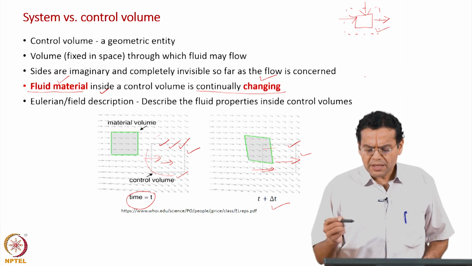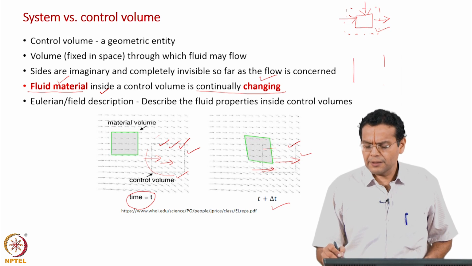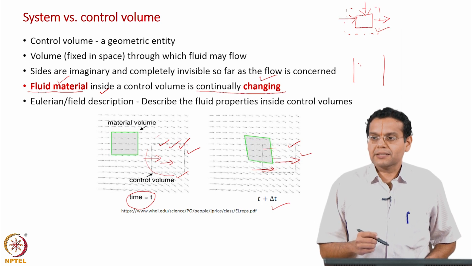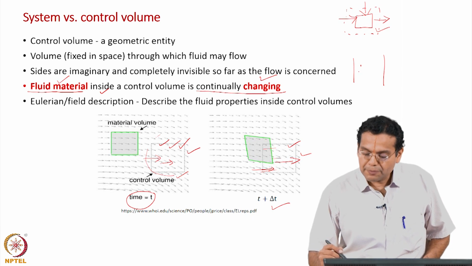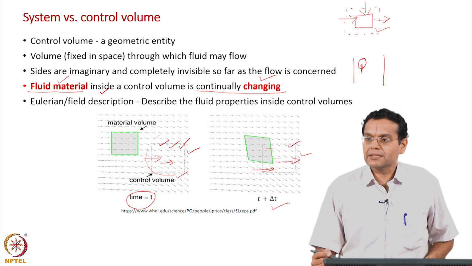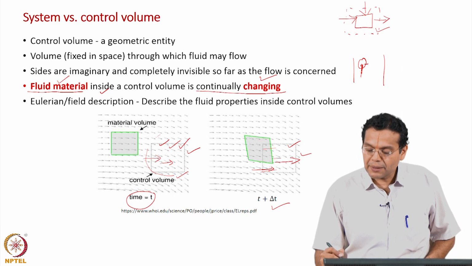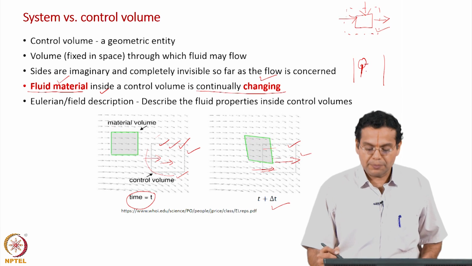Just want to recall, remember we had a chimney example. What did I say? I put a sensor here and measure the temperature there, and different fluid particles are being sensed by the temperature probe. So, we were at a particular point and different fluid particles passed through that particular point.